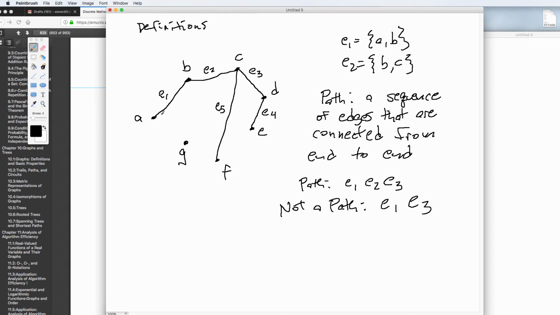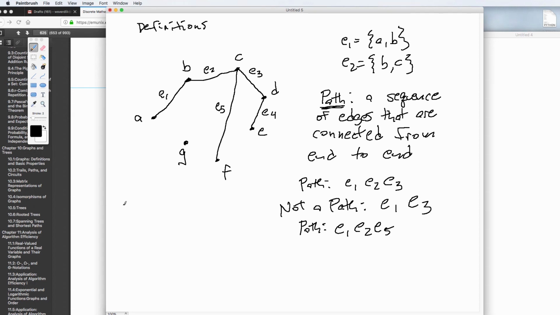So here's a path, E1, E2, E3. Here's a path, E1, E2, E5. And I think you get the idea. So that's the first definition you should know. You should recognize what a path is.